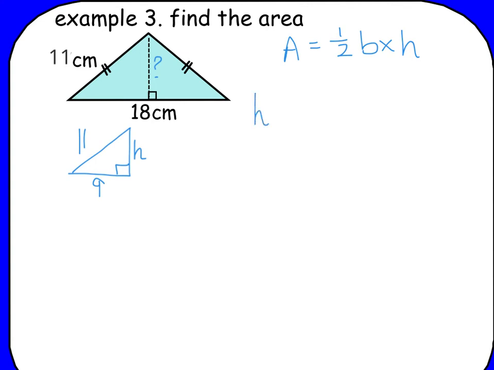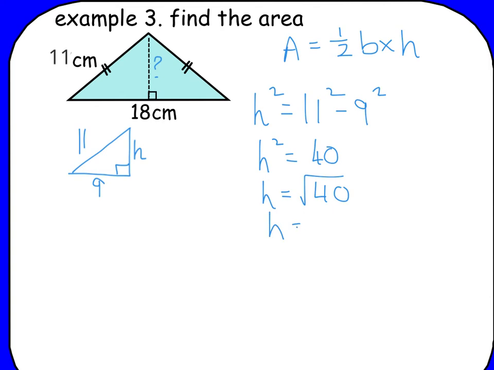So using Pythagoras, h squared is 11 squared take away 9 squared. So h squared is 40. And the square root of 40 to 2 decimal places is 6.32. And then I can go do the area. So the area is half base times height.